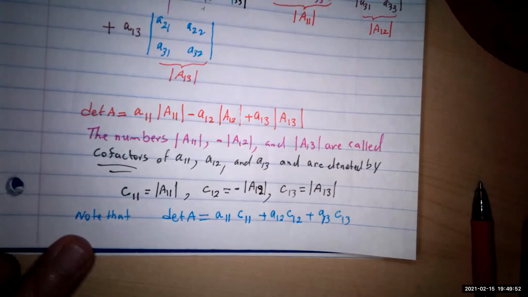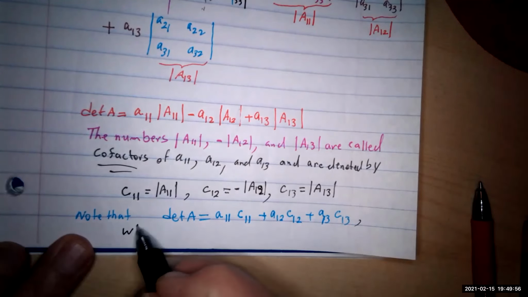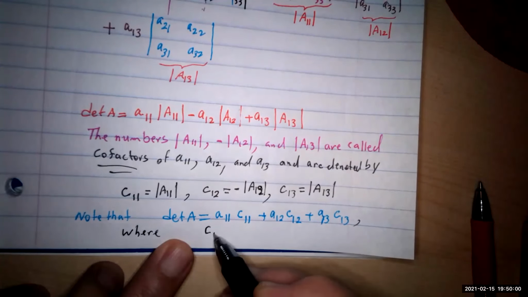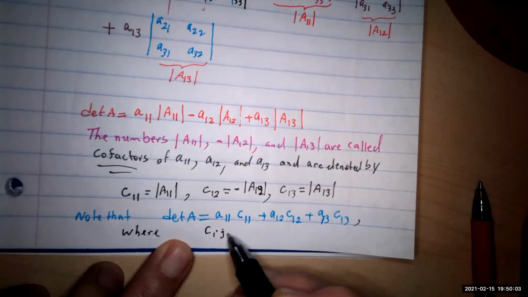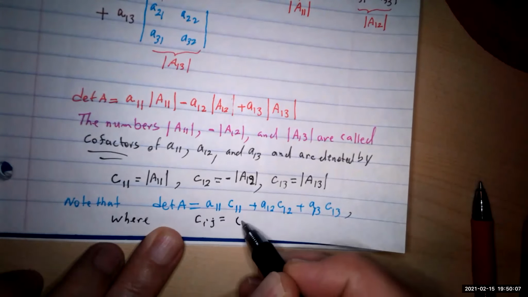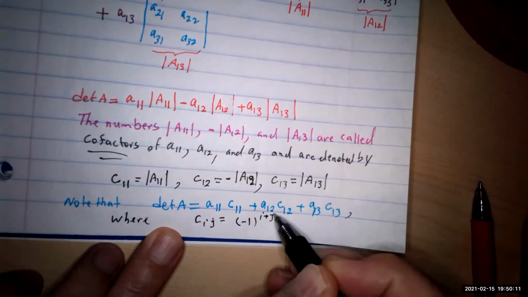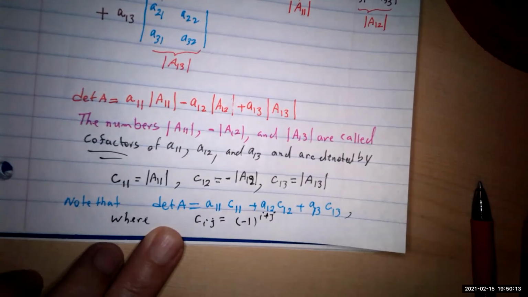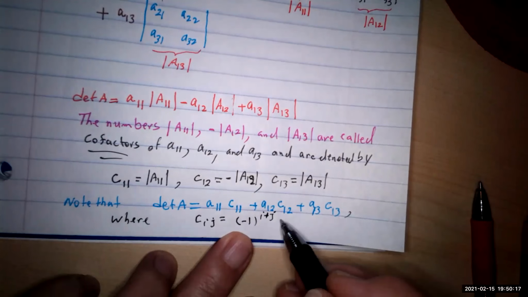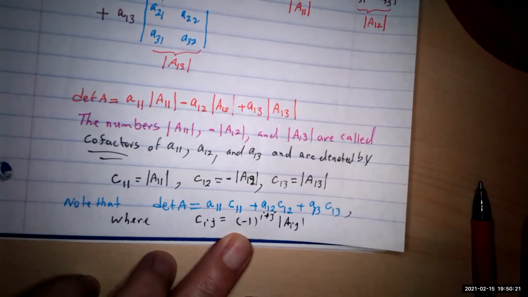Again, if you want to find Cij, the cofactor of aij, there is going to be a sign: negative 1 to the power i plus j, the sum of the row and the column, and then we get the determinant of the minor of aij.